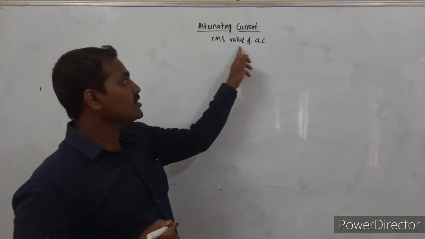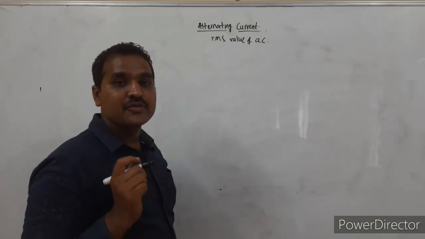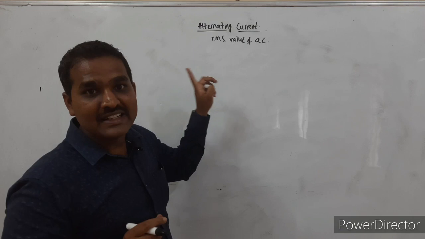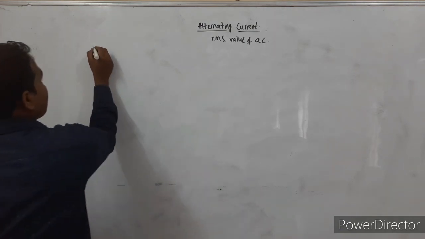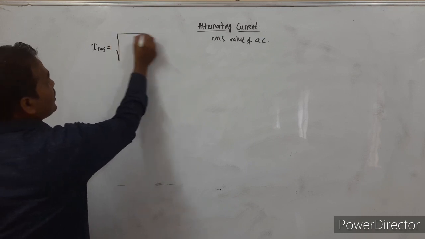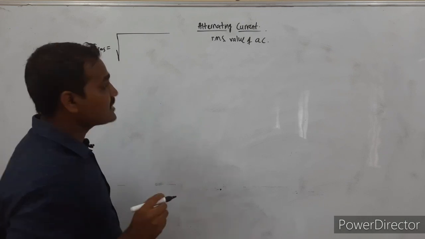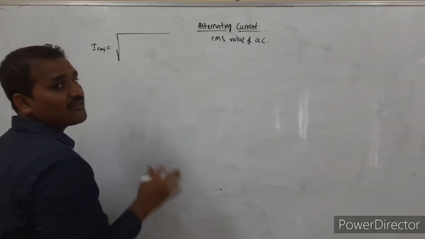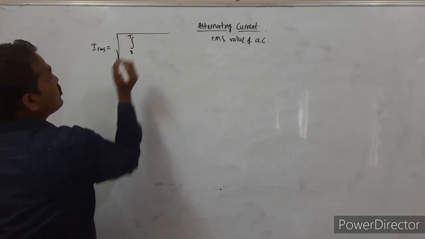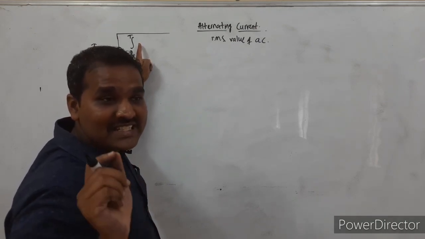Mathematically, the RMS value of alternating current is the square root of the mean of squares of instantaneous currents. So I can write IRMS is equal to the square root of the mean of squares of instantaneous currents. The mean of squares of the instantaneous currents can be written as integration between 0 to t. So I will add all the values of squares of the instantaneous currents.